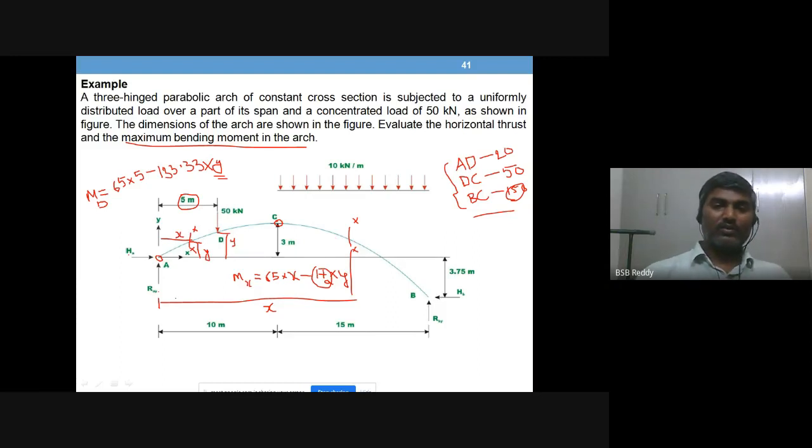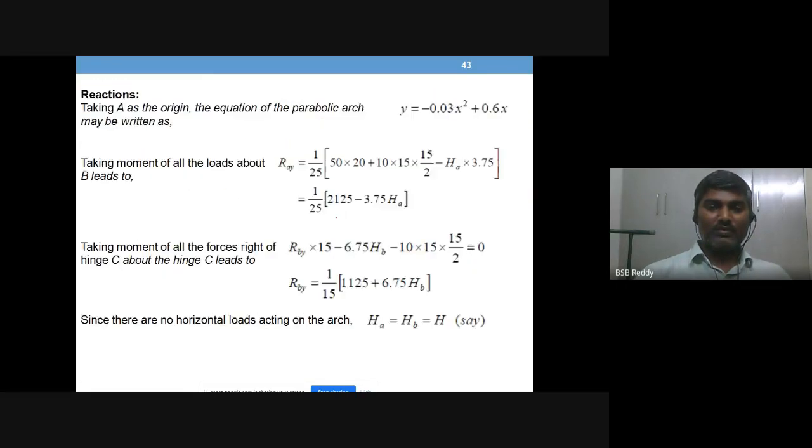What loads do you have? You have RAY to the left of the section, HA and 50 kilonewtons, and also part of the UDL. So this distance is X minus 10.